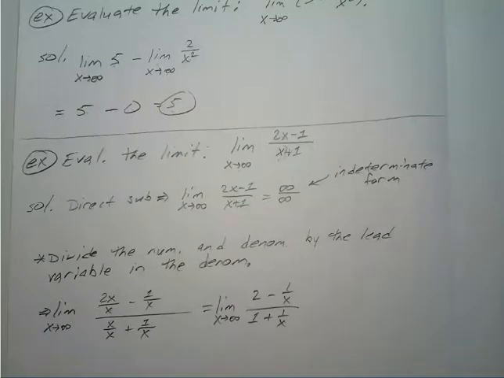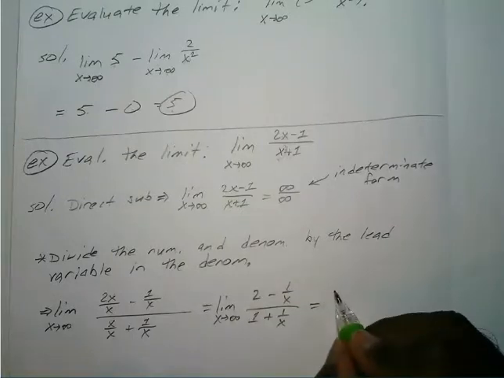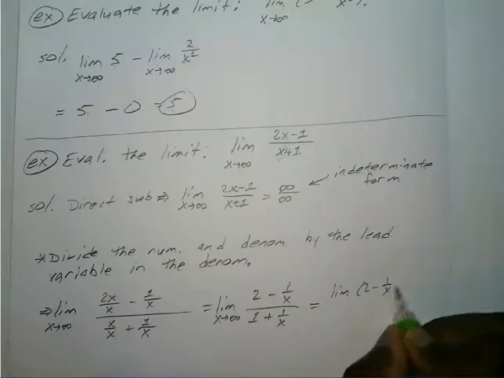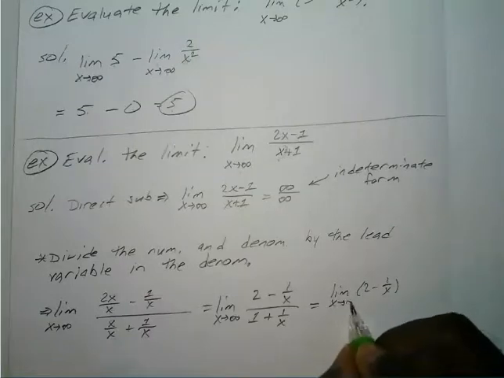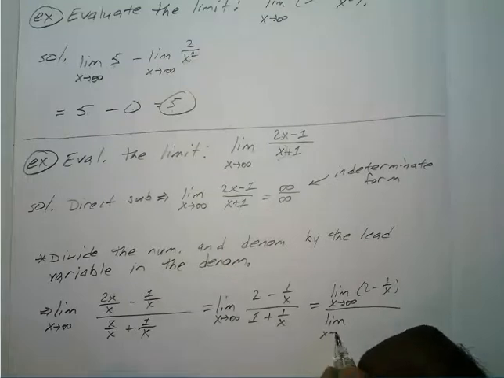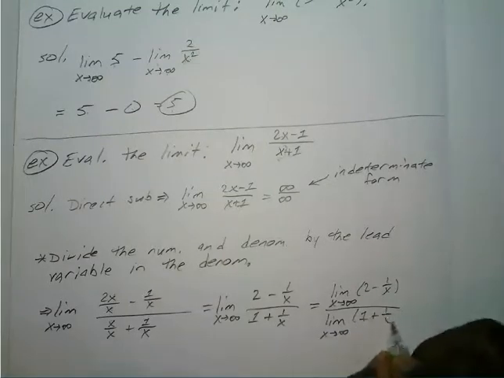Now if we distribute the limit to the numerator and denominator, we have the limit of 2 minus 1 over x as x approaches infinity, over the limit of 1 plus 1 over x.